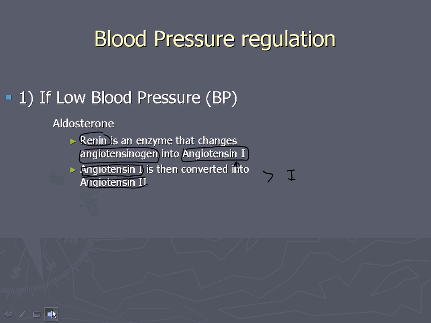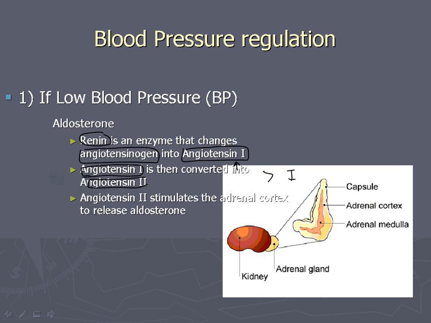And angiotensin 2 stimulates the adrenal cortex, which is inside the adrenal gland on the top of the kidneys, to release this hormone called aldosterone. So it's kind of a step-by-step process.